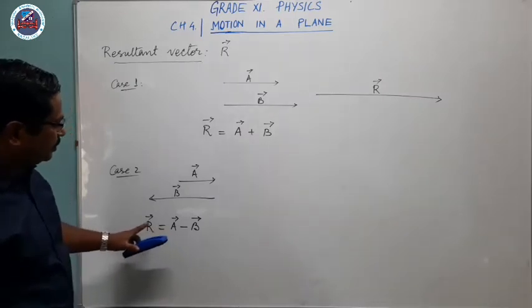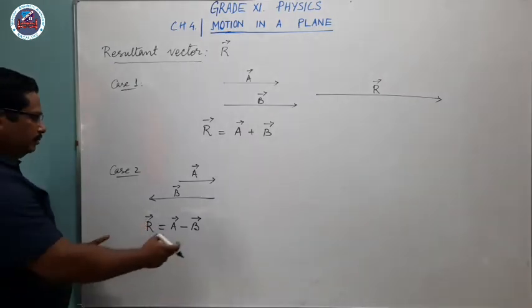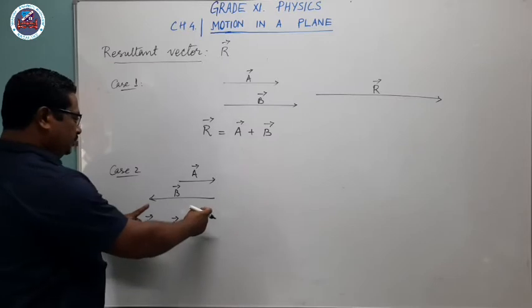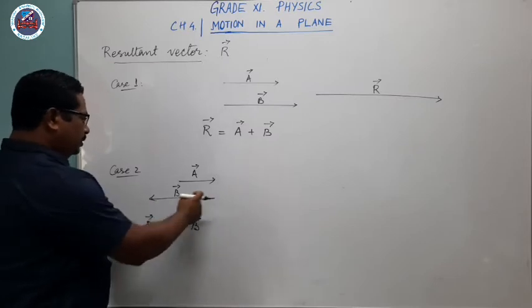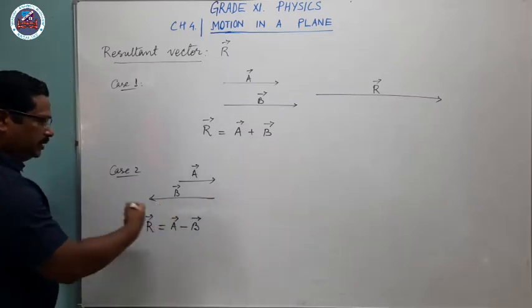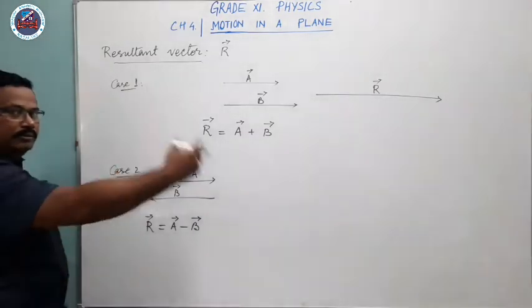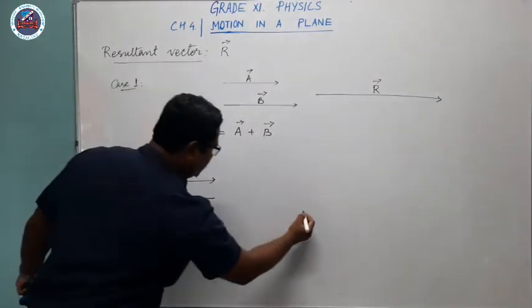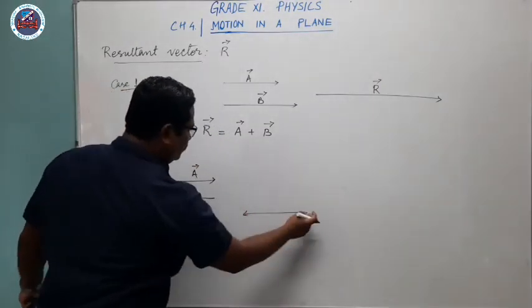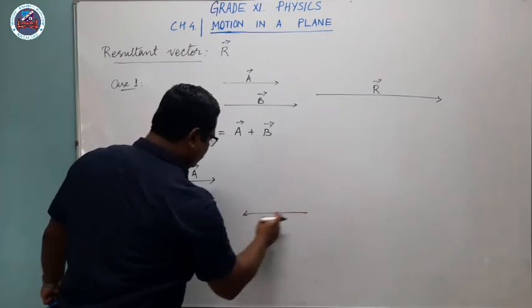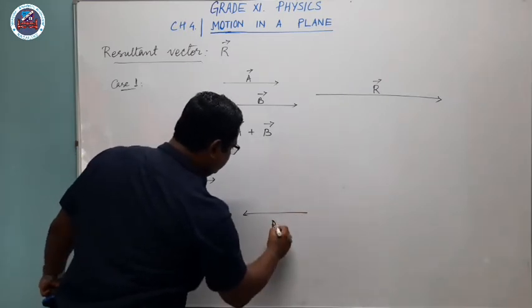Now whose magnitude is more? We know that magnitude of B is more, so the resultant will be pointing towards the left side, from right to left. That will give you the resultant.